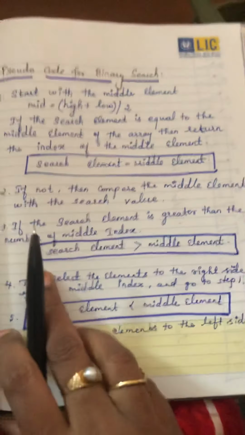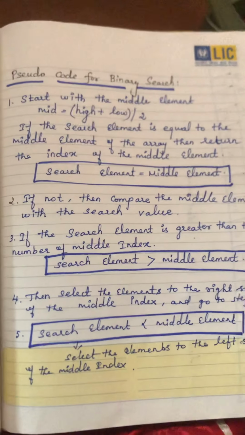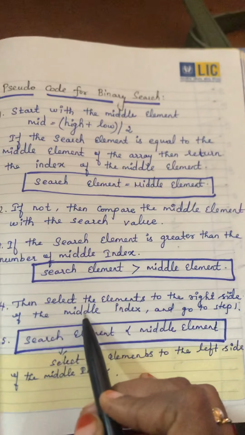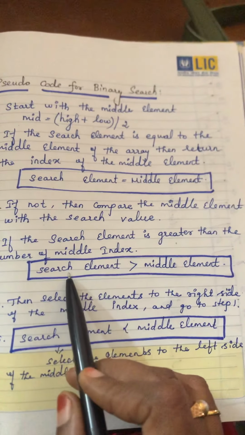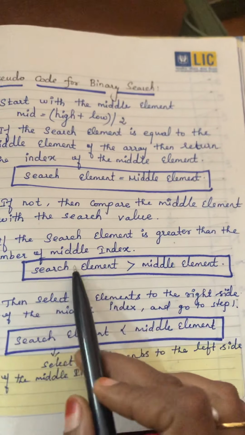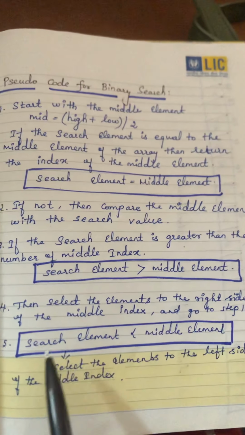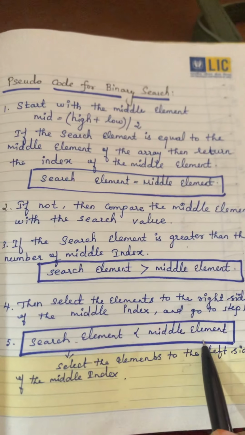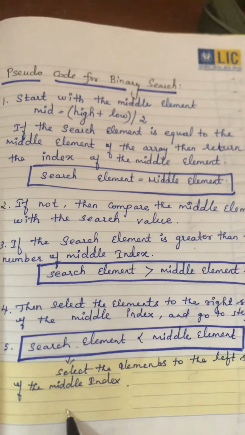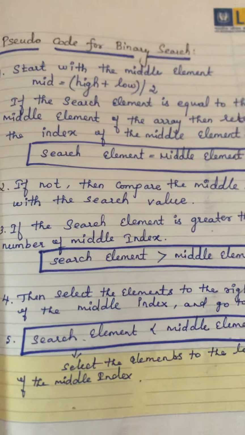If the search element is greater than the middle element, we search only the right side of the middle index. Otherwise, if the search element is less than the middle element, we search the left side of the middle index. This is the pseudocode for binary search.